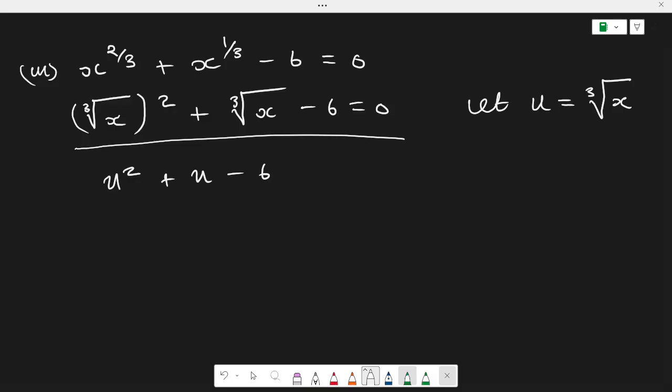The cube root of x is the same as saying u is equal to x to the power 1 over 3. Okay, so it's the same thing.